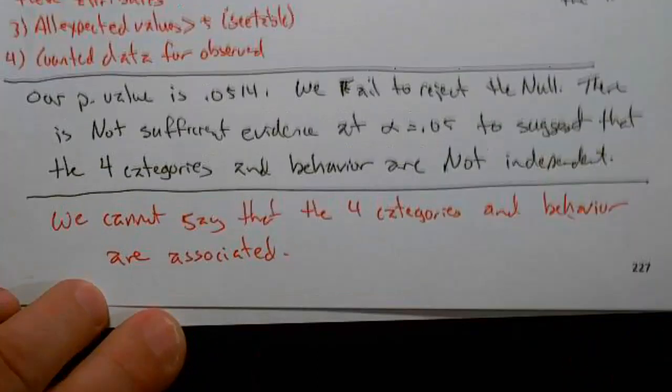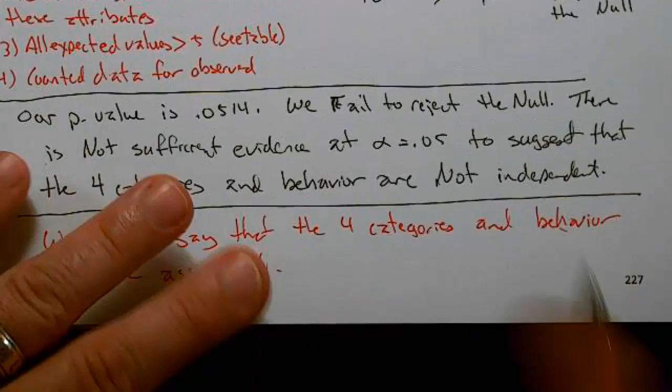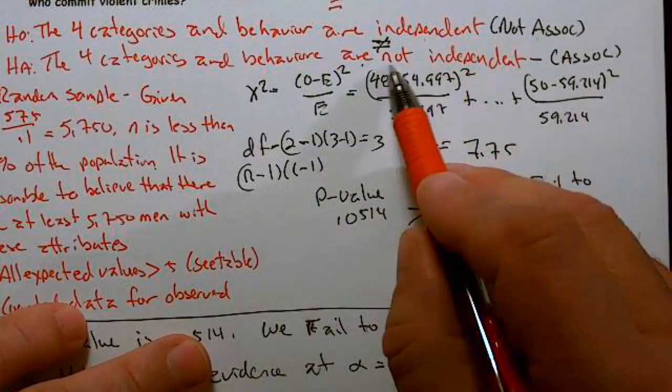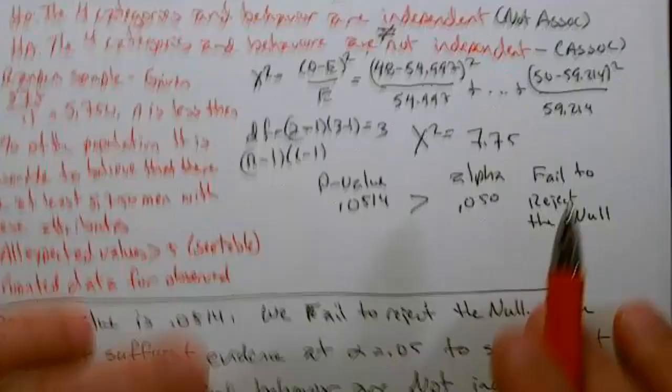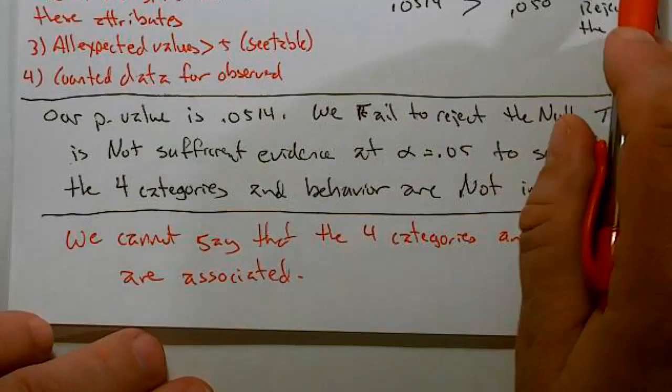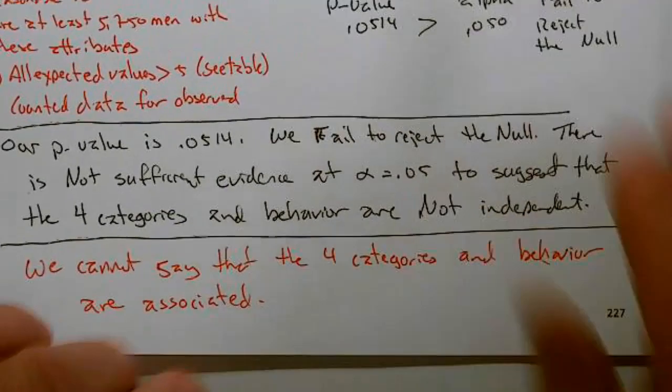All right. And remember, if they're independent, they're not associated. If they're dependent, they are associated. Well, we didn't reject, so we can't say that they are associated.